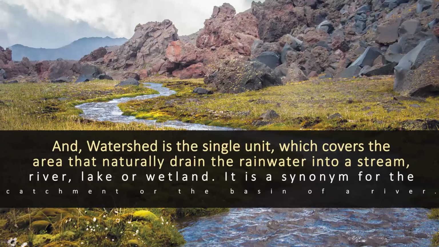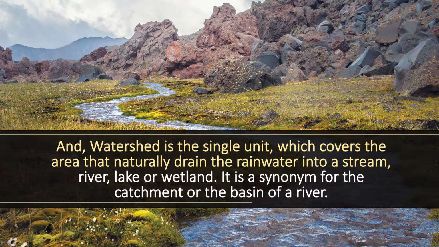Because when we talk about management, we need to find out a unit. And so watershed is a single unit which covers the area that naturally drains the water into a stream, river, lake or wetland. It is a synonym for the catchment or the basin of the river.